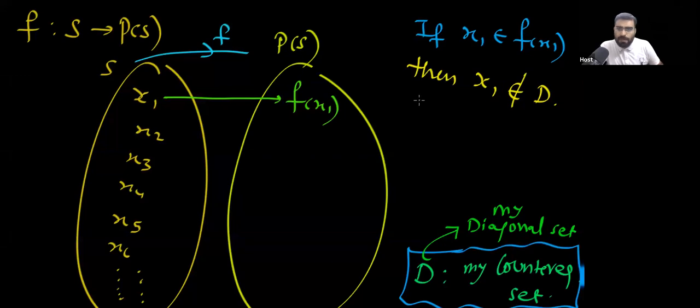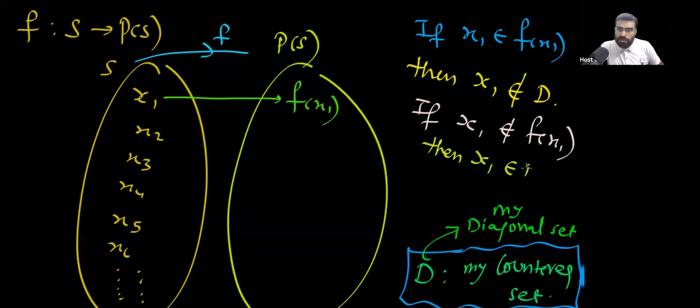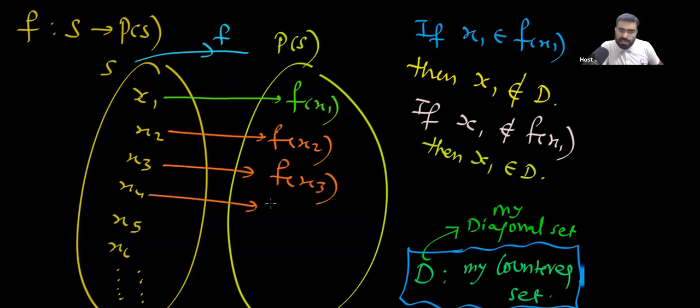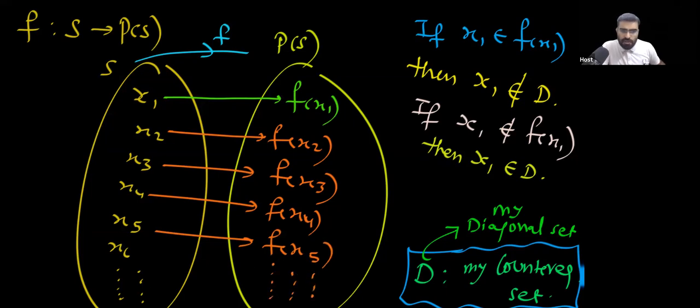Next, if x1 does not belong to f(x1), then I will put this x1 in my set D. The same thing I will do for x2, x3, x4, and x5. Like this.